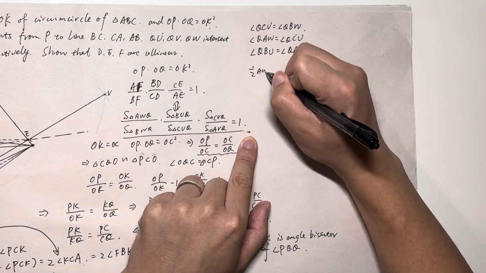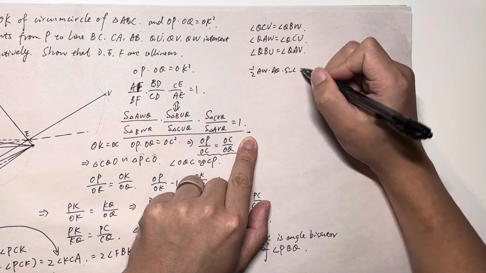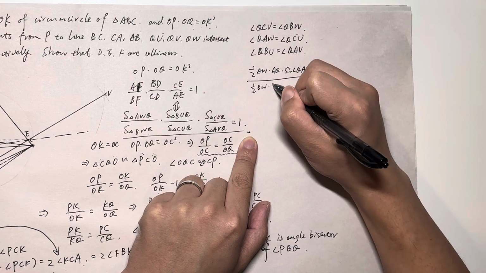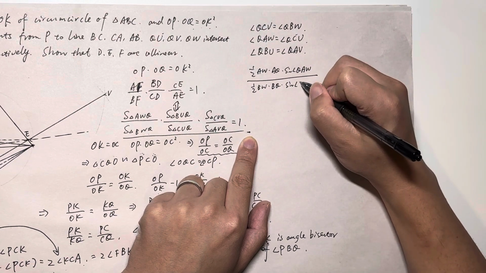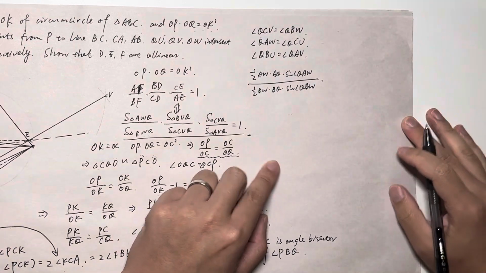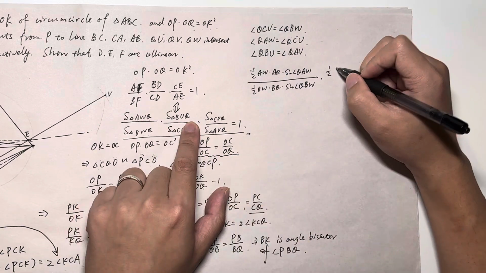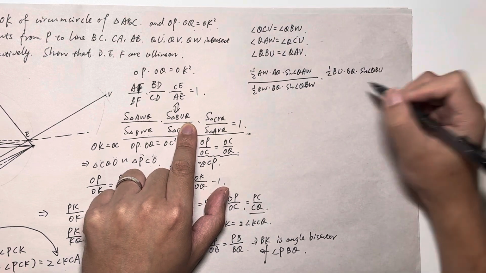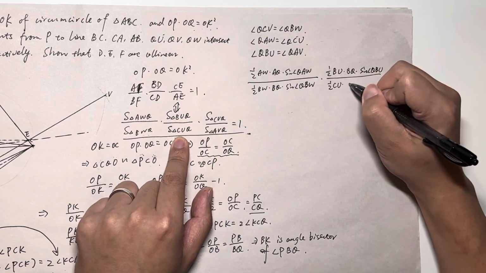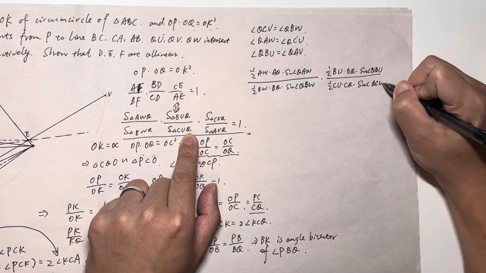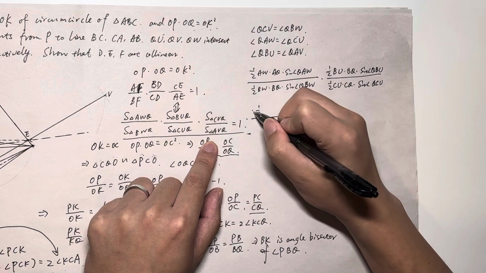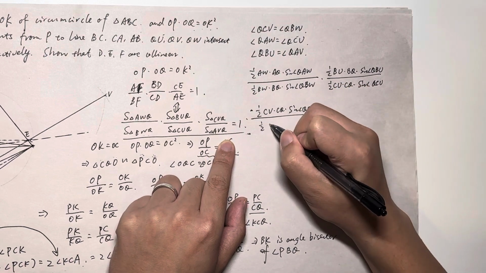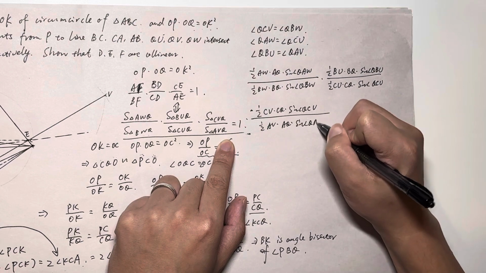So here is half of AW AQ sine angle QAW divided by half of BW BQ sine angle QBW, times half BU BQ sine angle QBU over half CU CQ sine angle QCU, times half CV CQ sine angle QCV over half AV AQ sine angle QAV, right?